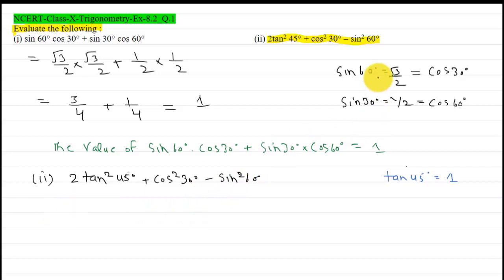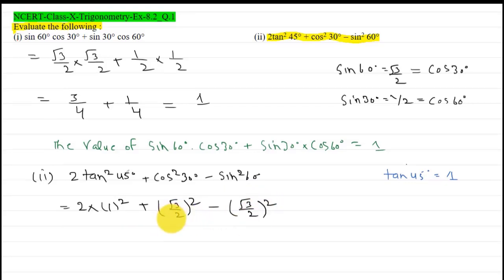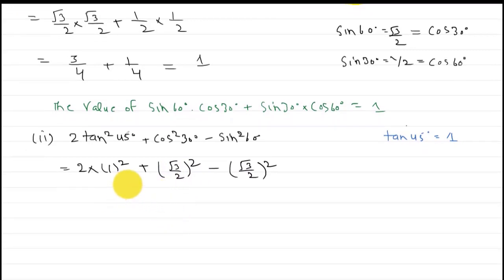By putting the values in the expression we will get 2 into the value of tan 45, which is 1, so 1 square, plus cos 30, which is root 3 by 2 whole square, minus sin 60 degree, which is also root 3 by 2 whole square.